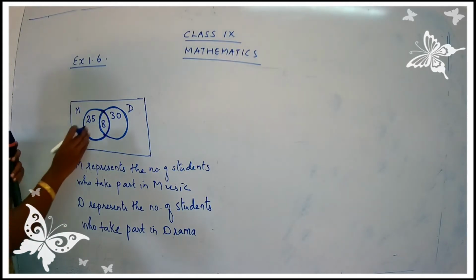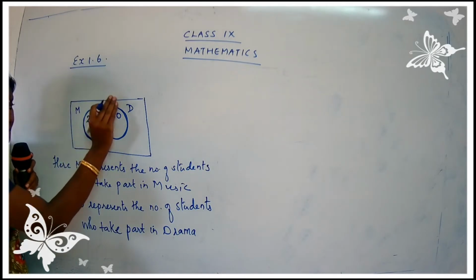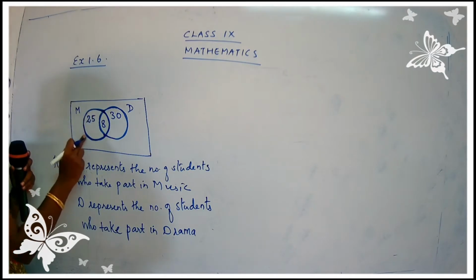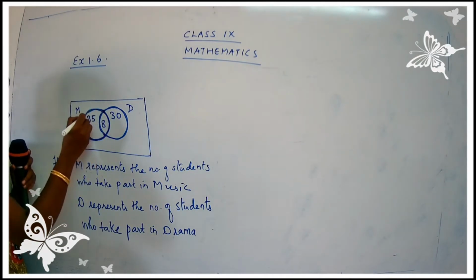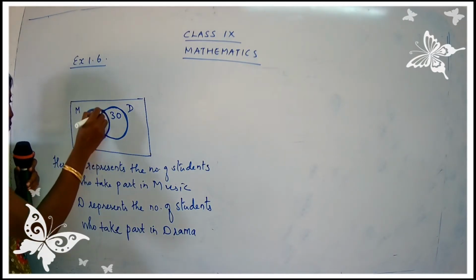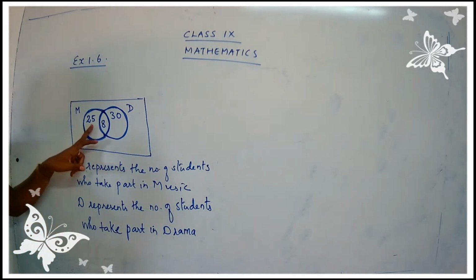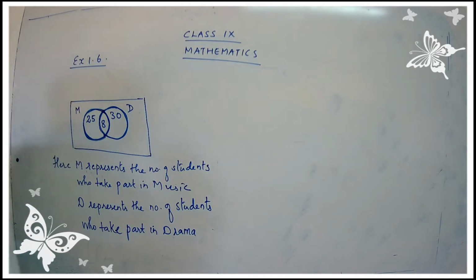So now I don't want the intersection. When I am talking about only music, I have to cover only this area. You just see the area, children. I have already shaded the area. So if you focus on this area, you will get the number of students who take part only in music.